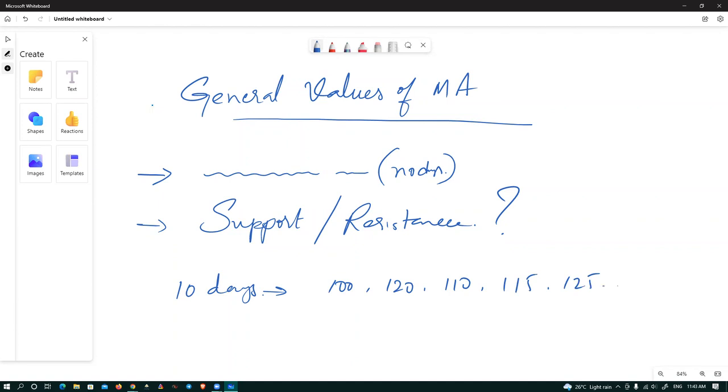And the average of this will be 110. So this is the 10 days average, previous 10 days average.